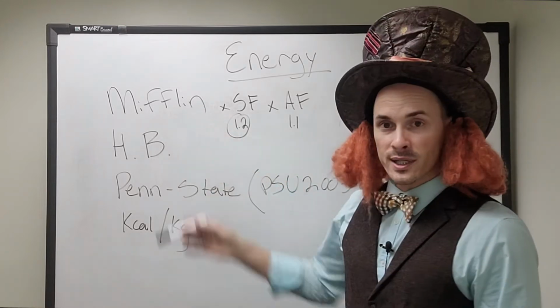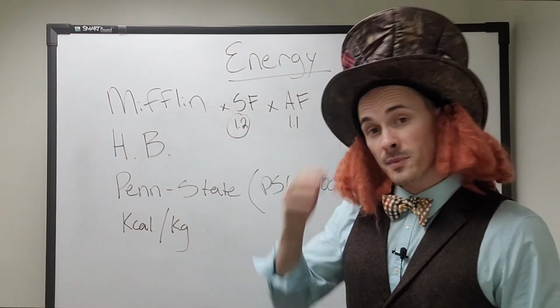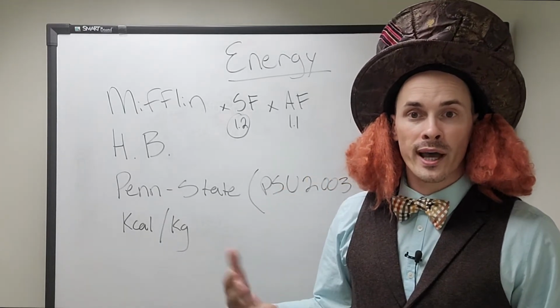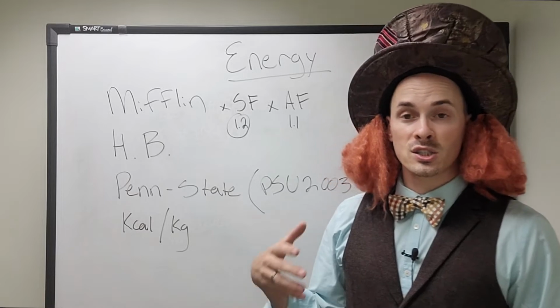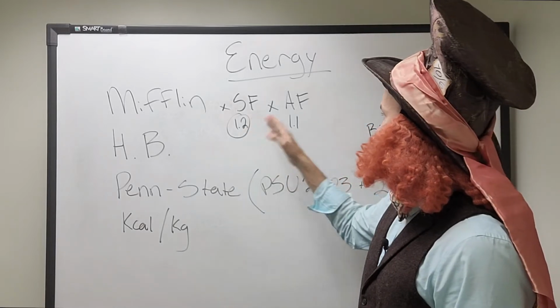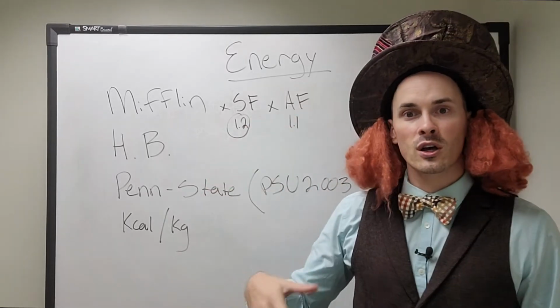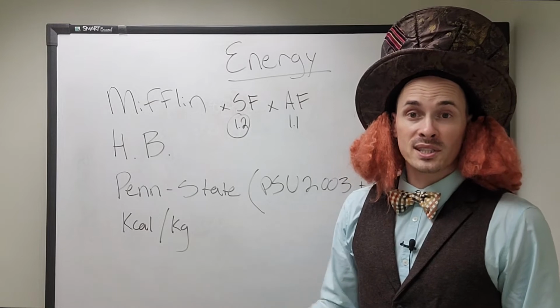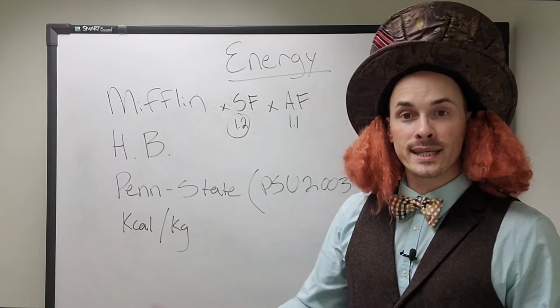So the Mifflin's a great equation. Now, the Mifflin gives you their resting energy expenditure. It doesn't account for things like activity level and other stress levels such as trauma or surgery. So we use something called a stress factor and an activity factor to account for patients who need more calories than to just survive. We want them to heal.